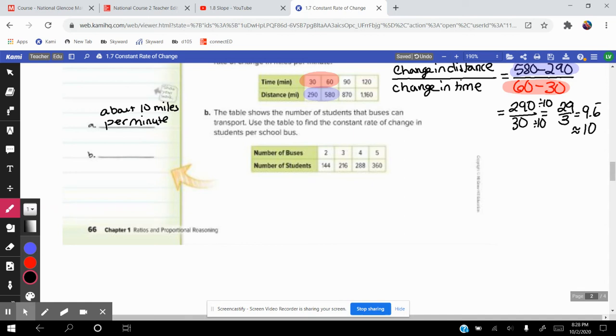So I'm going to set this up for change in students divided by change in buses.